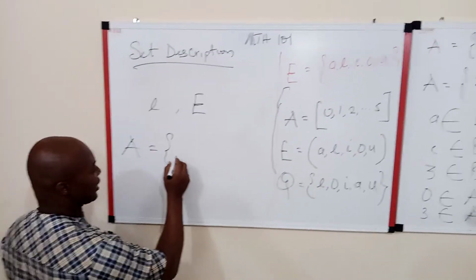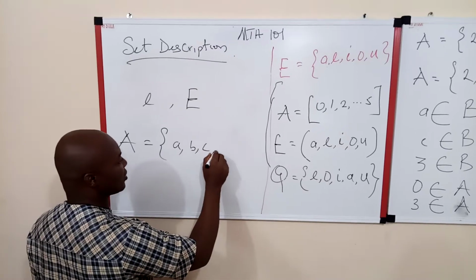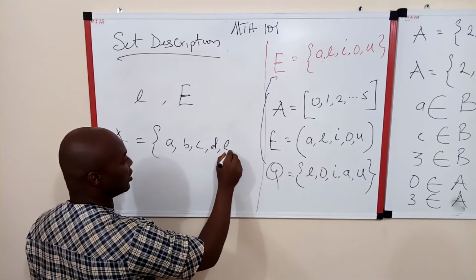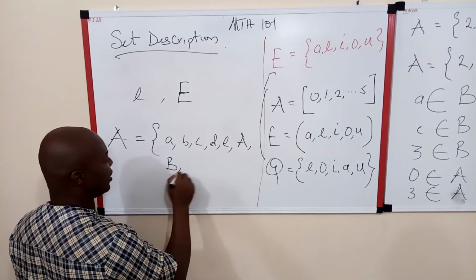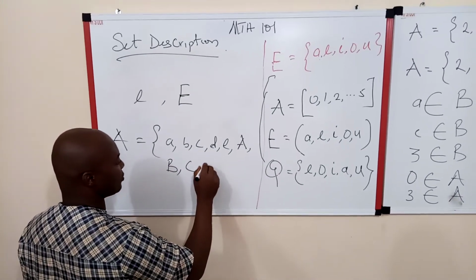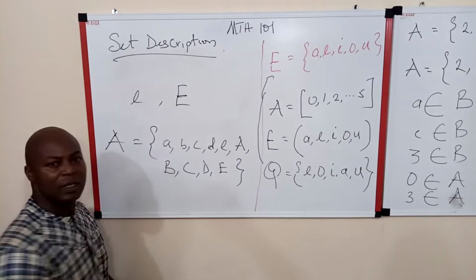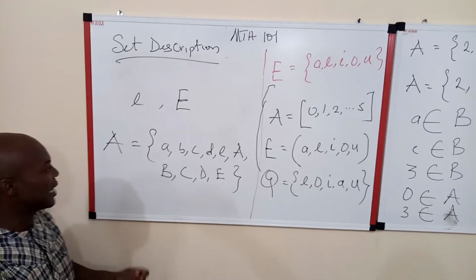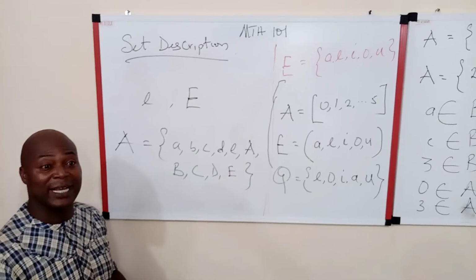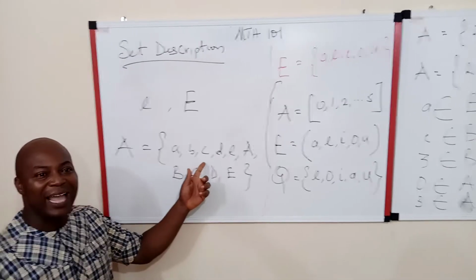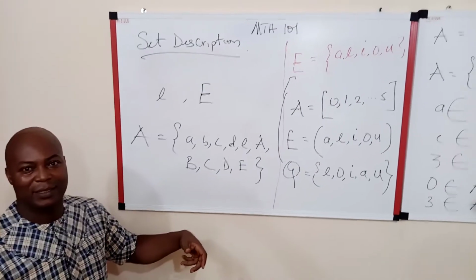If that is true, then our elements will be a, b, c, d, e, A, B, C, D, E. Now you can see that this collection is well defined, in the sense that the elements are a collection of both lowercase and uppercase.